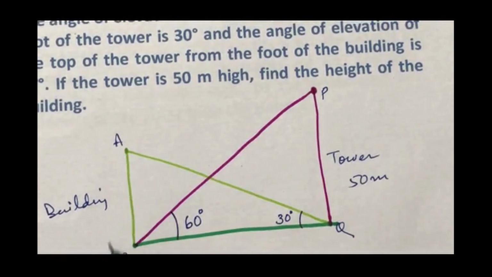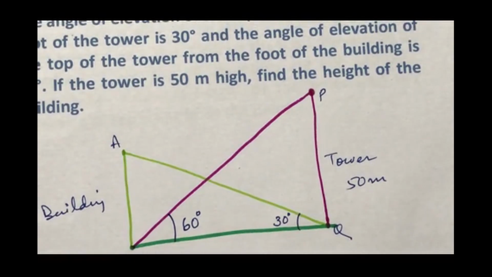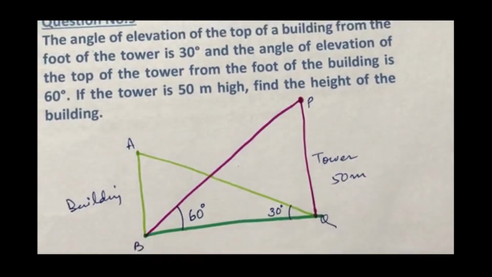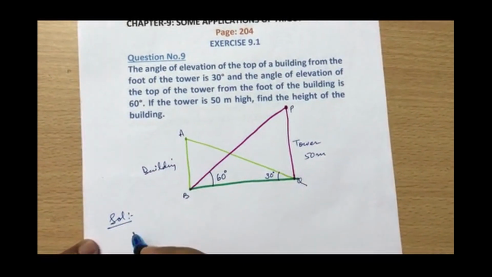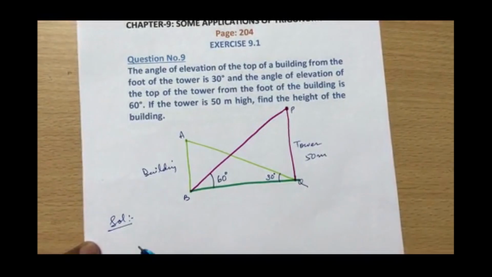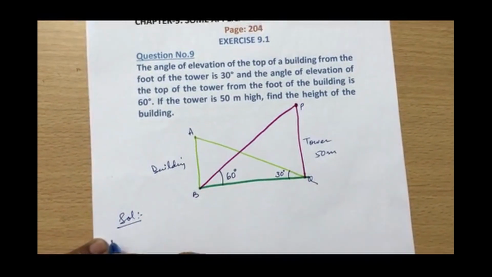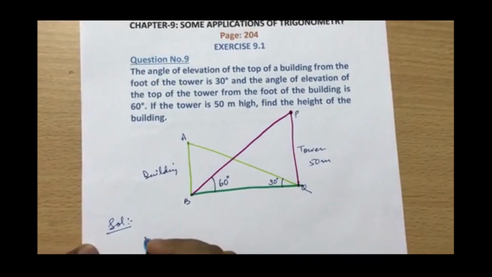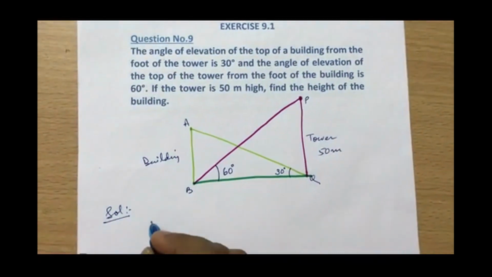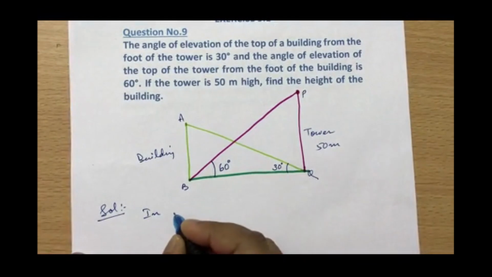We have to find out the building. So let us start doing. You all have become very big masters in trigonometry right now, so I am going on doing. You take out your copies and start doing with me. That will be very fruitful.